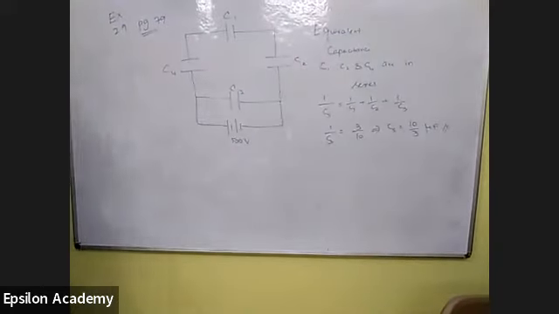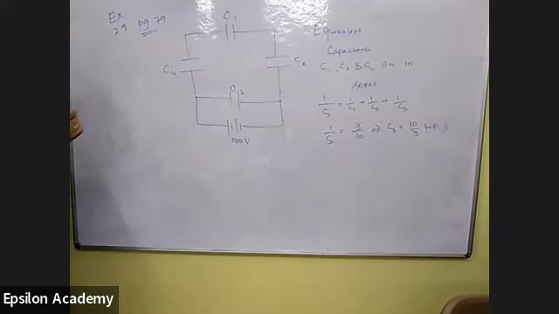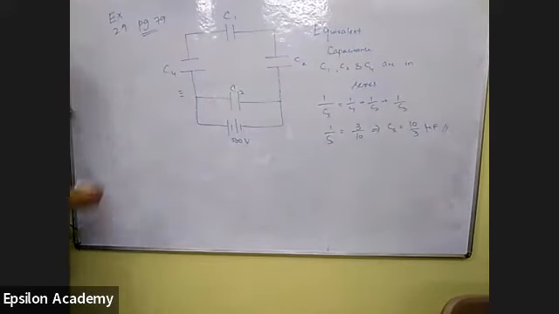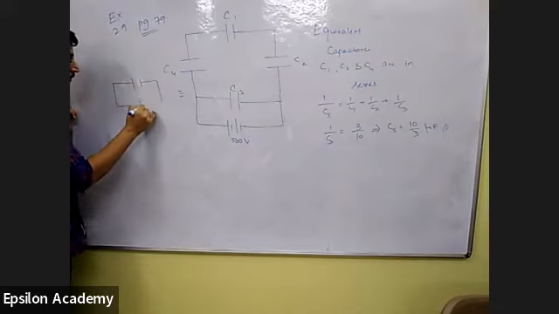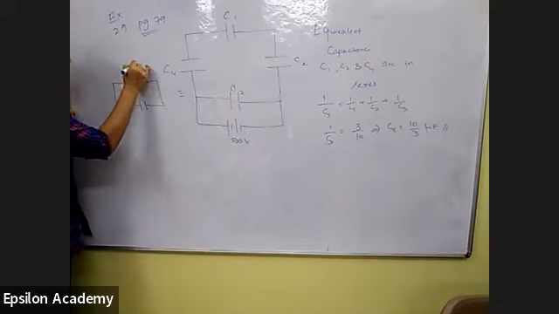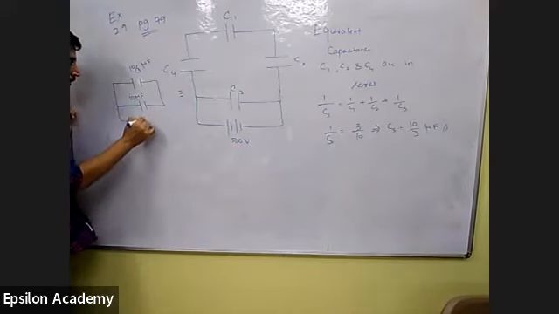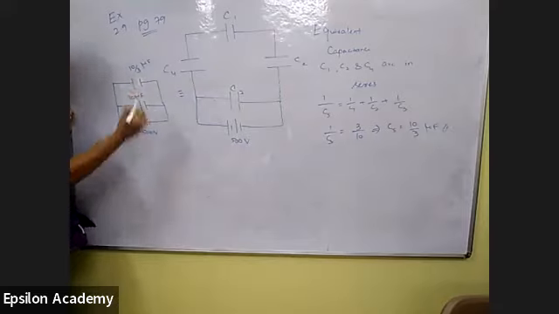Correct? So these 3 can be replaced with a 10 by 3 microfarad capacitor. Now this is equivalent to a circuit like this. This is 10 by 3 microfarad and this is 10 microfarad, connected to 500 volt.